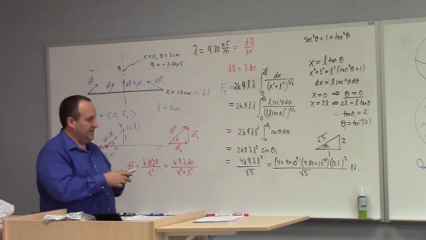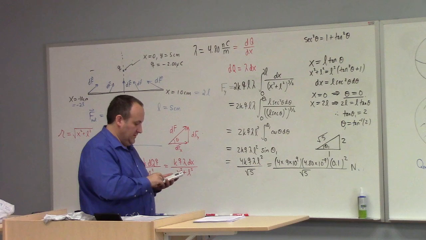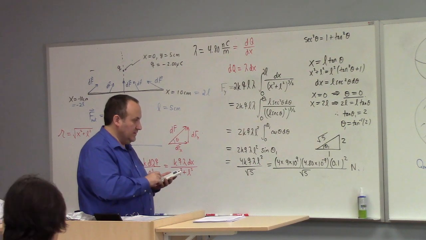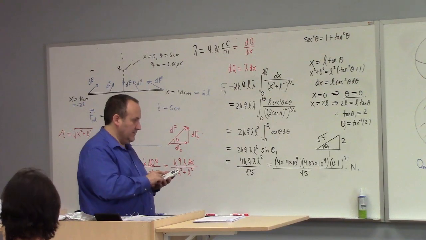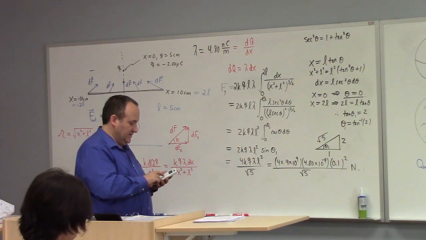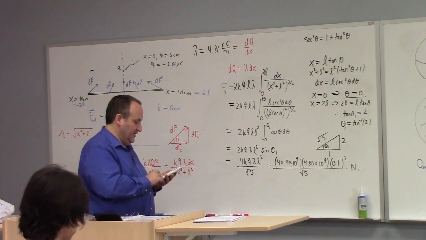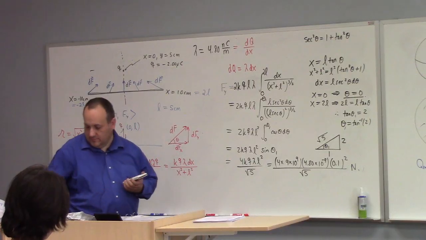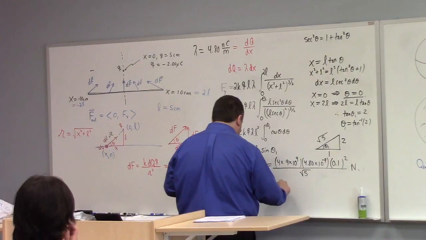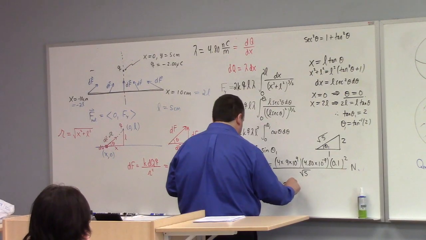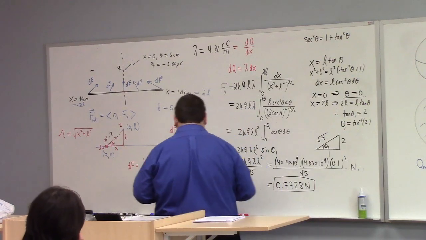Let's see here, 4 times 9 times 4.8 times 0.1 squared divided by square root of 5. This is giving me 0.772, 0.28 newtons. If I haven't made a mistake.